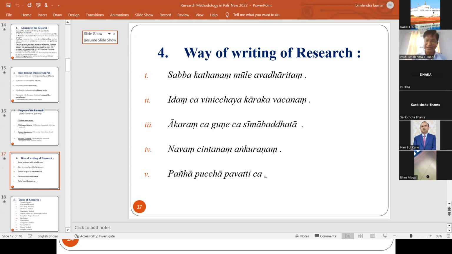The next way of writing is that you must be limited in the size as well as in the quality. The statements which you are writing, interpreting or analyzing must be limited in their size also. We have discussed that a research scholar has to write a thesis, and the standard size of a research thesis is 250 to 300 pages in the case of arts, humanities, and social science.